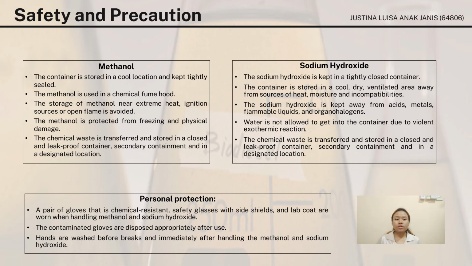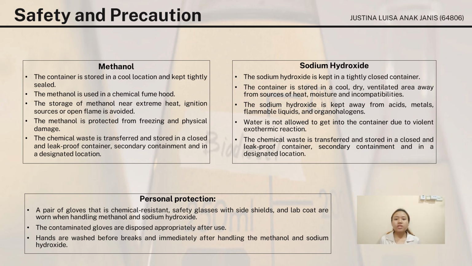Third, the sodium hydroxide is kept away from acids, metals, flammable liquids, and organohalogens. Fourth, water is not allowed to get into the container due to violent exothermic reaction. And lastly, similar to methanol, the chemical waste is transferred and stored in a closed and leak-proof container.